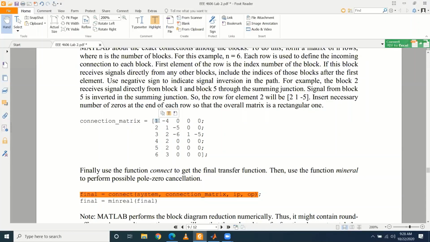So for each block, you have to denote what connections are going into that block, right? You don't have to care about what connections are coming out of that block, but you have to define which connections are going into that block. So in this case, into block 1. In the first row, you have to write which connections are entering block 1.